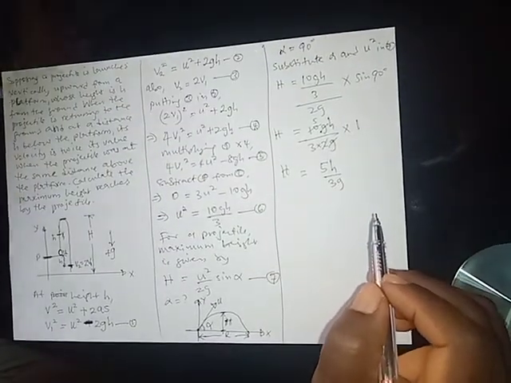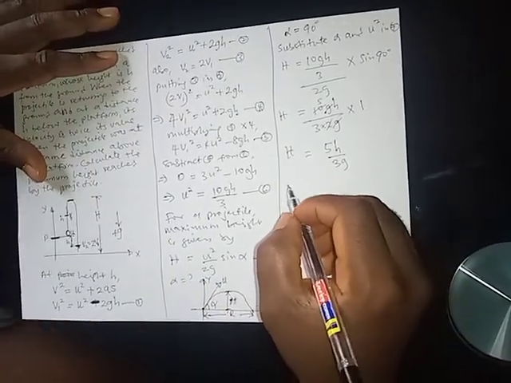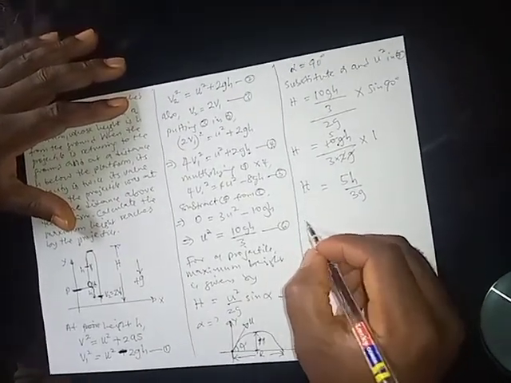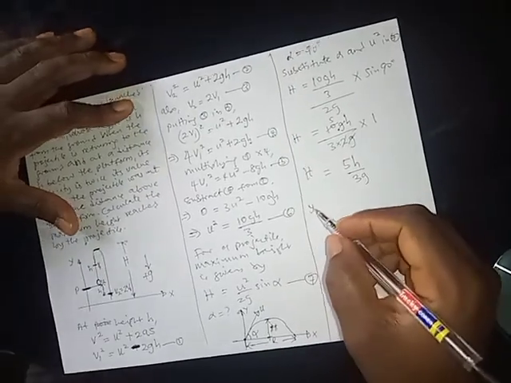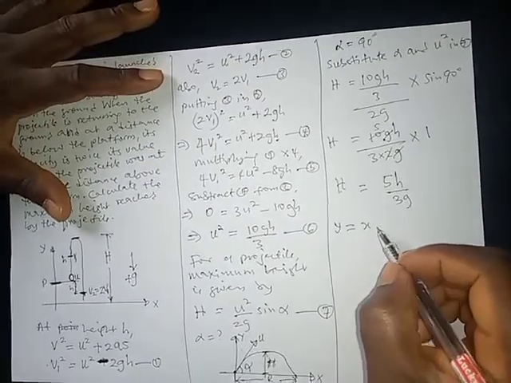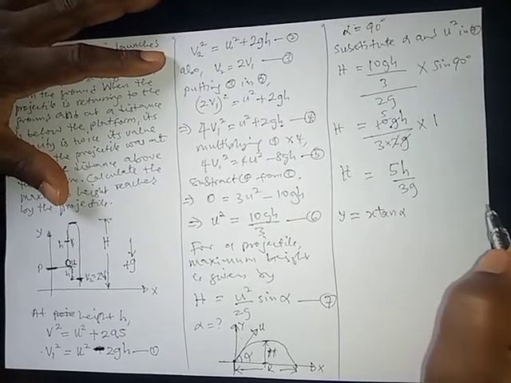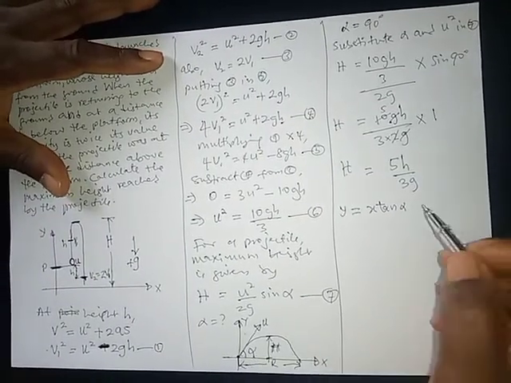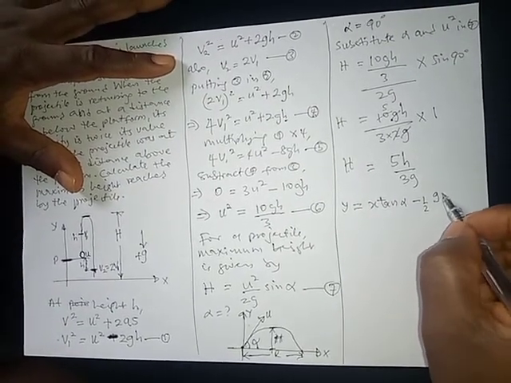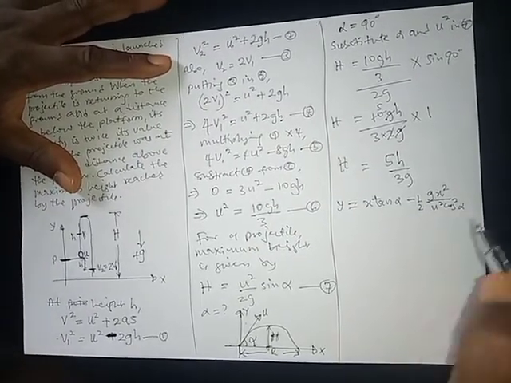Let me mention generally that for a projectile, where y is the vertical distance, we have that y equals x, where x is the horizontal distance, multiplied by tan of the angle alpha, then minus half multiplied by gx squared divided by u squared cos squared alpha.